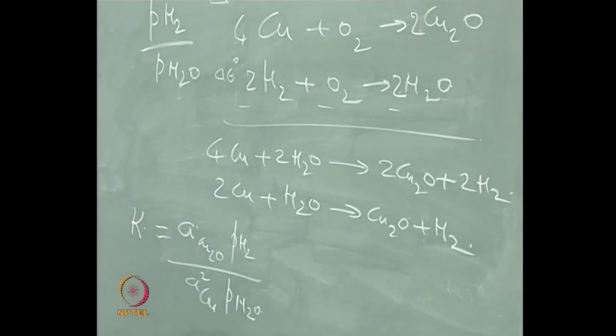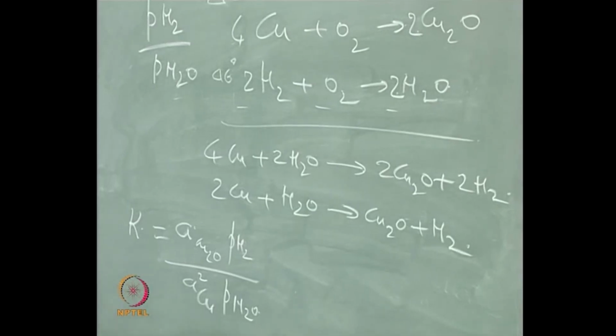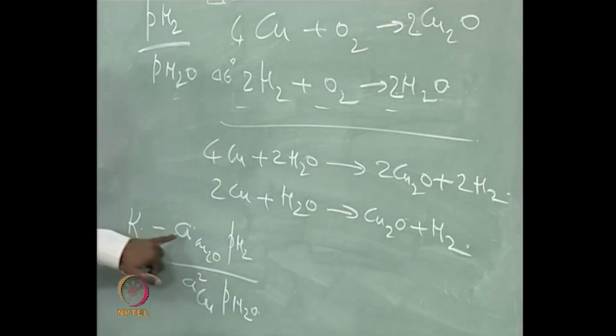And if we assume that this reaction is giving you a pure copper oxide and a pure copper is getting oxidized in this particular condition, there are no impurities in that, then whenever it is pure the activity is equal to 1.